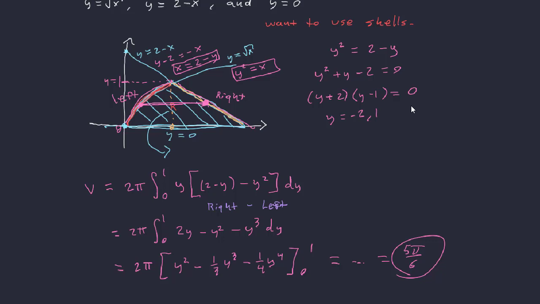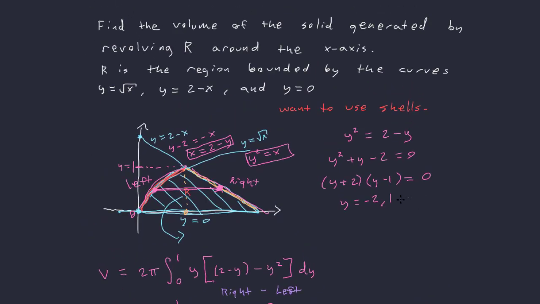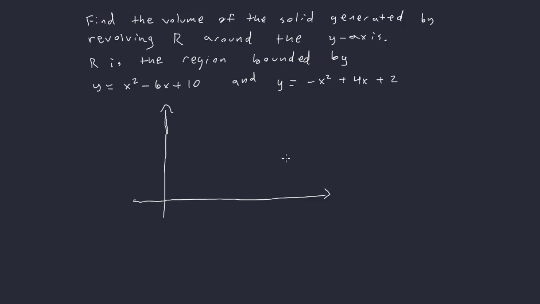All right, let's look at a different one that maybe is not the exact same shape, just reoriented. So for this example, we want to find the volume of the solid generated by revolving capital R around the y-axis, and R is the region bounded by two parabolas, x squared minus 6x plus 10 and negative x squared plus 4x plus 2.